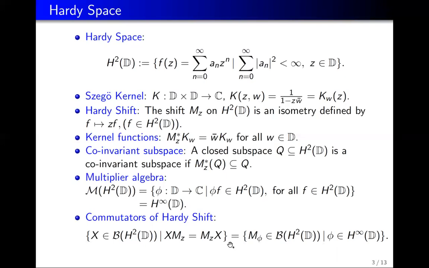In fact, these last two bullet points make the connection with the interpolation problem I talked about. If you remember, in that interpolation problem we are trying to find a bounded analytic function, in fact with norm less than or equal to 1.